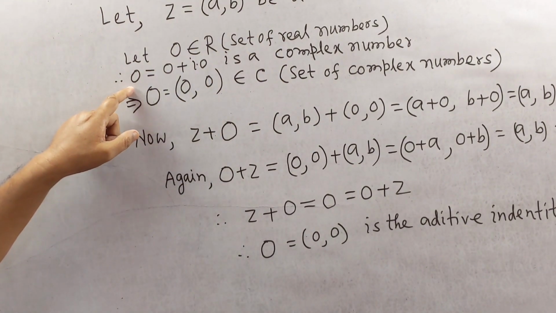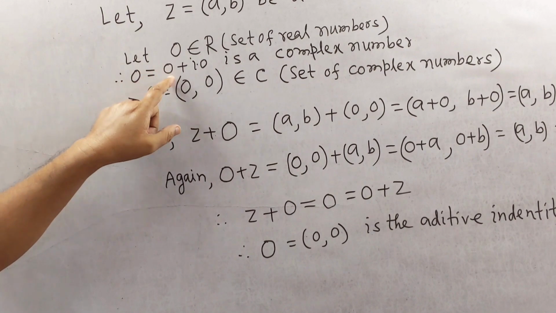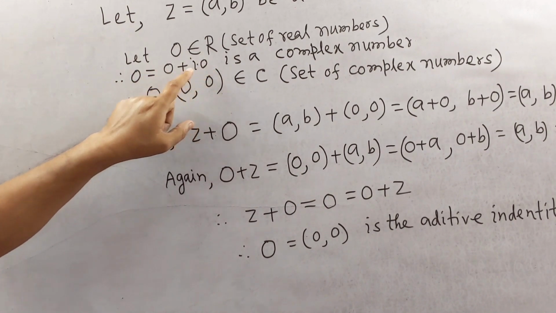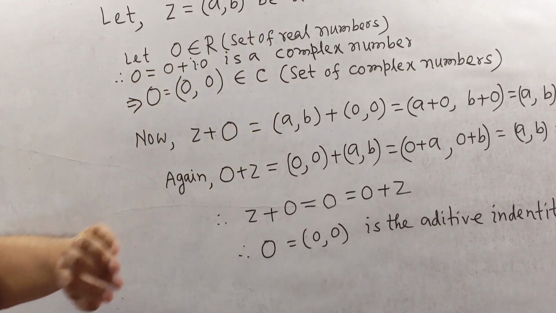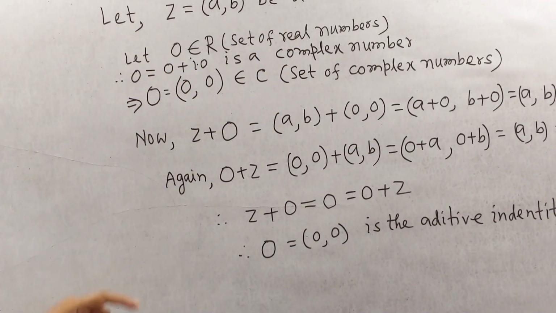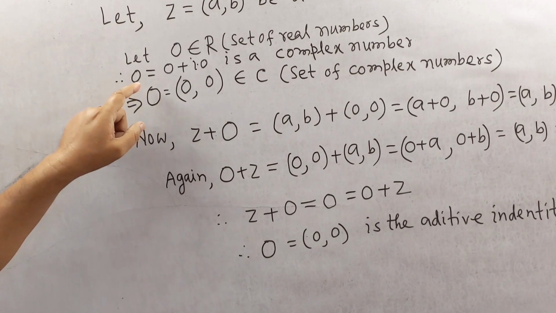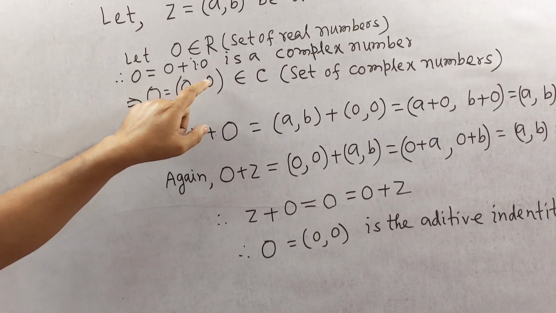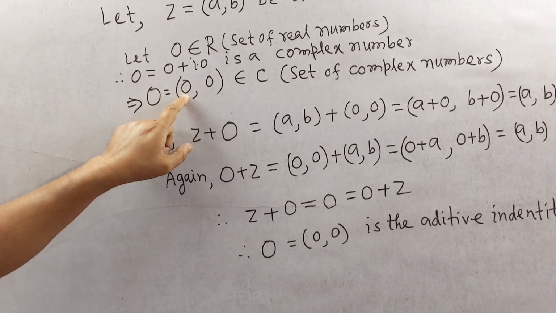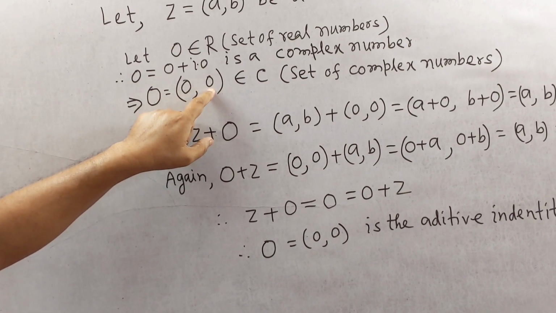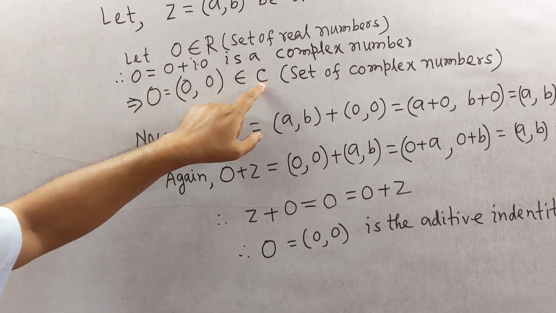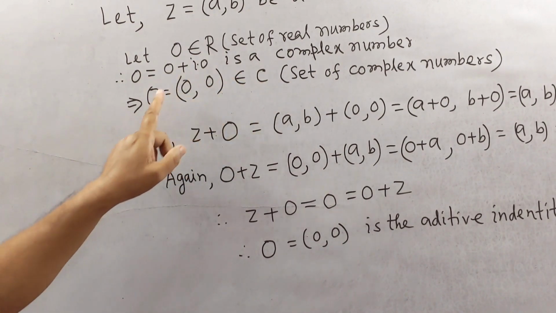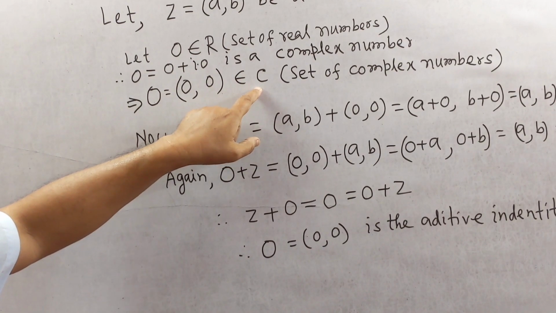Now the real number 0 equals real number 0 plus I into real number 0. This is a complex number. We may write capital 0 equal to the ordered pair 0, comma 0. These are real numbers, and this capital 0 is the complex number. This ordered pair belongs to C, so capital 0 belongs to C.